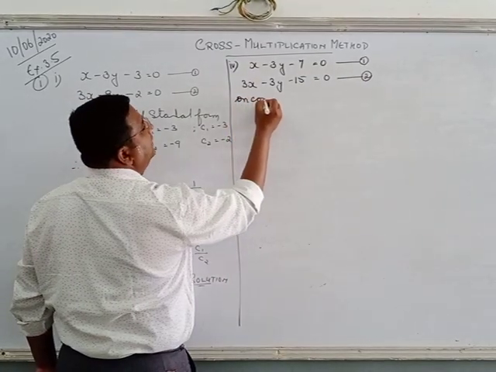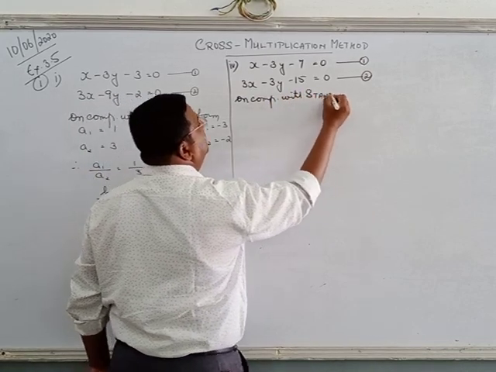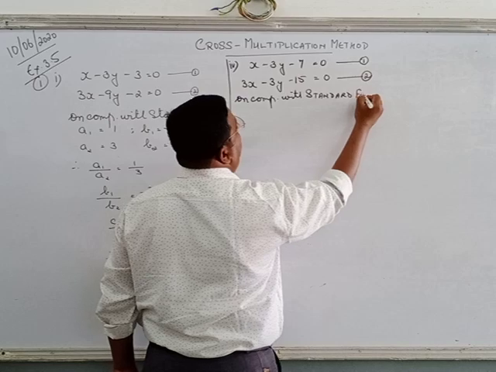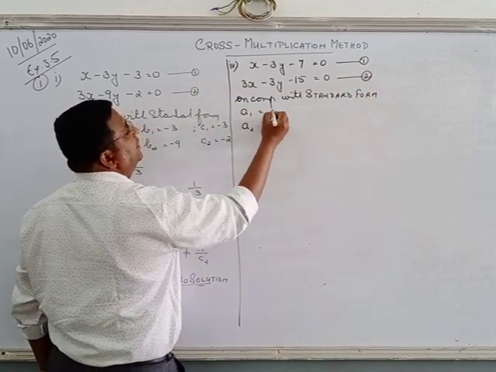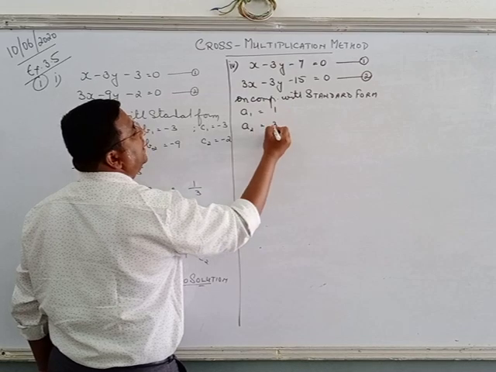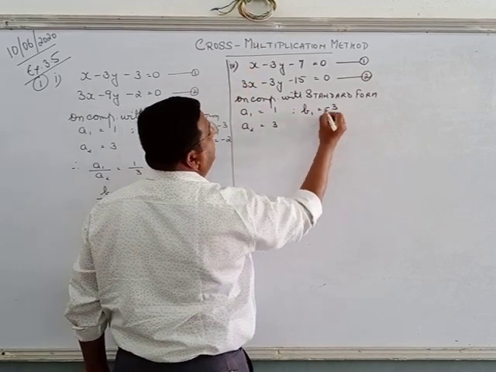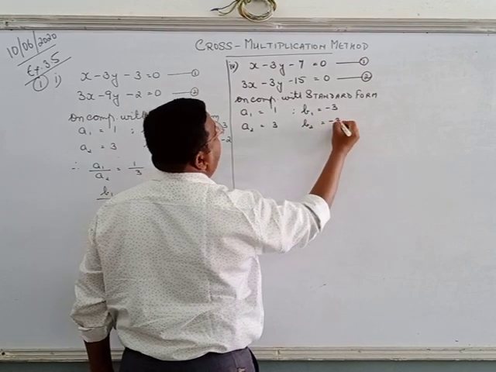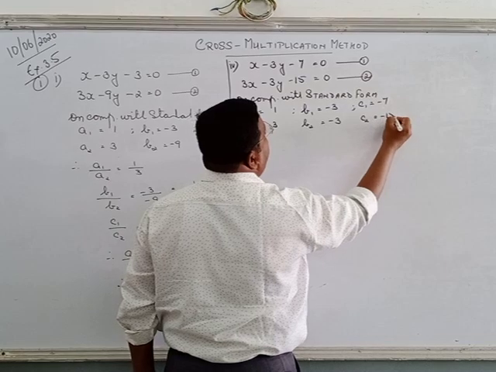Again we will compare with the standard form. Check a1, a2. a1 is 1, a2 is 3. Coefficients of x. b1 is minus 3, b2 is again minus 3, c1 is minus 7, c2 is minus 15.